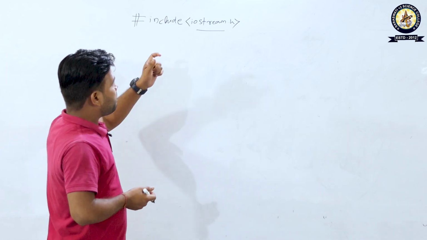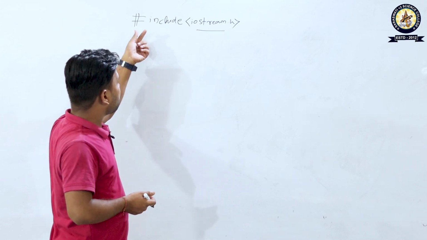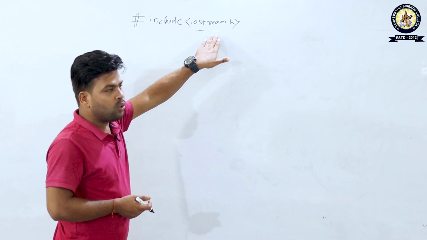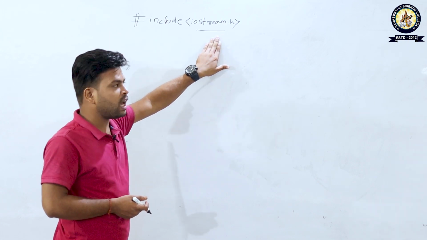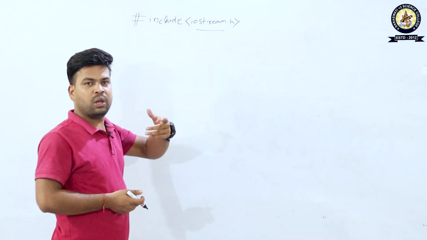So first of all, the header file will be activated or loaded. Here #include is used to activate or load the header file. Then the functions present in this header file will work.